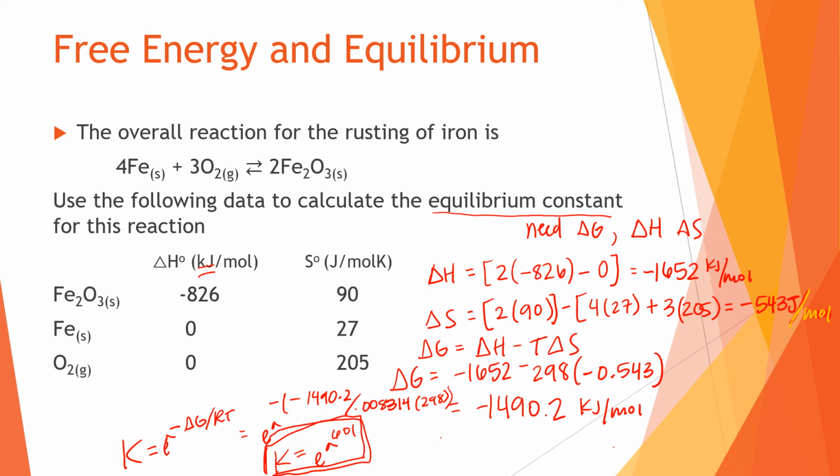All right, so that is an extremely large number, which being greater than 1 goes along with delta G being negative, which all goes towards a spontaneous reaction.